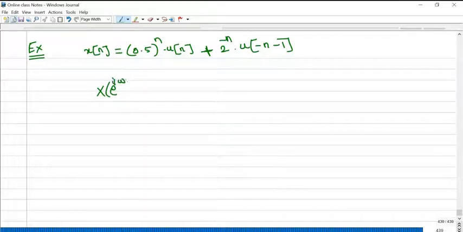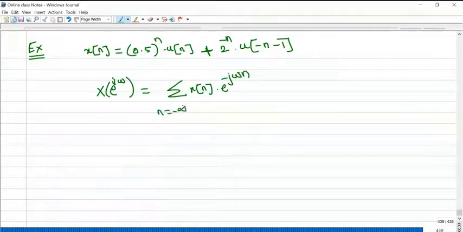Write the formula of DTFT first. Okay. Next, first term u of n.